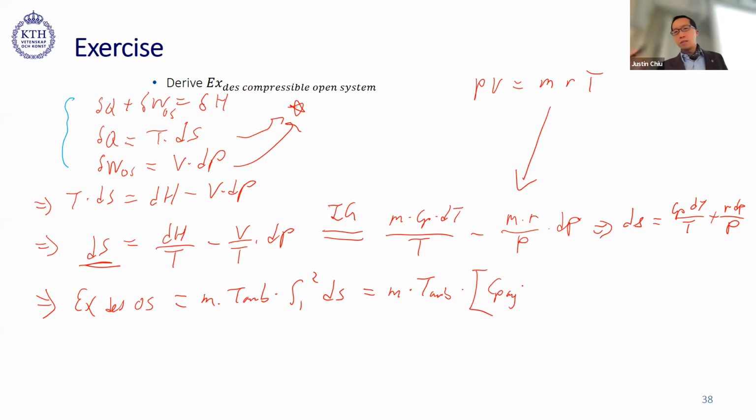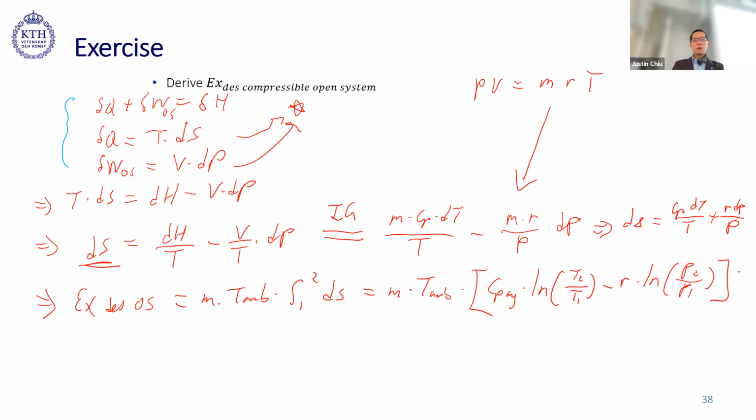The previous one is a Cv, right? And here it's a Cp. That's also something important to remember: open system, it's Cp; closed system, it's Cv. And then here it's temperature 2 over temperature 1 minus R. Oh, I think I made a mistake. No, it's good. This is R, log P2 over P1.